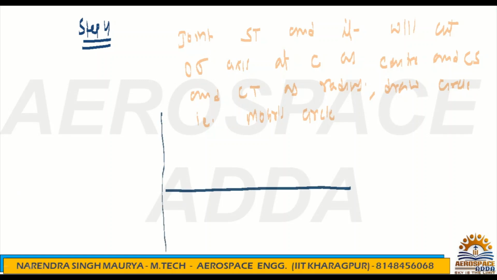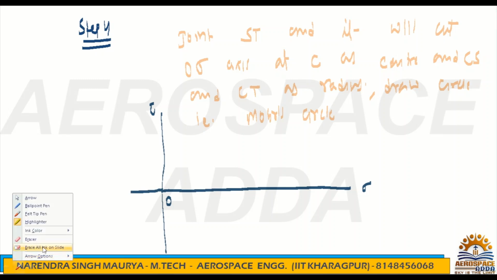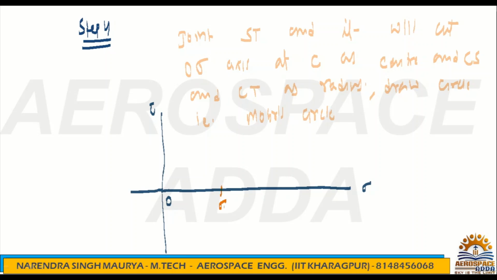Concentrate here. This is sigma. This is tau. This is origin O. Left side does not have any compressive stress. Till now, where did we reach? We reached this point. This is called sigma y. We reached this point. This is called sigma.